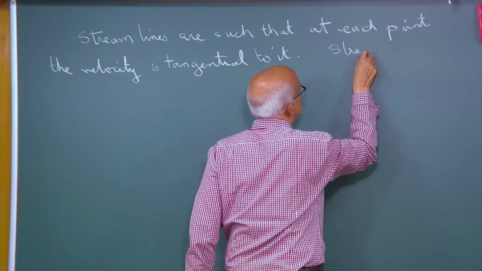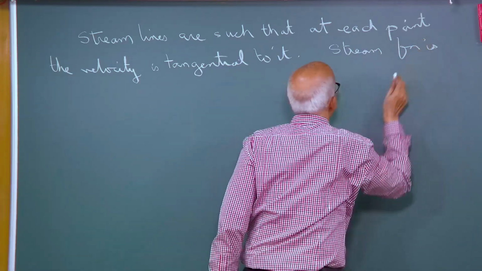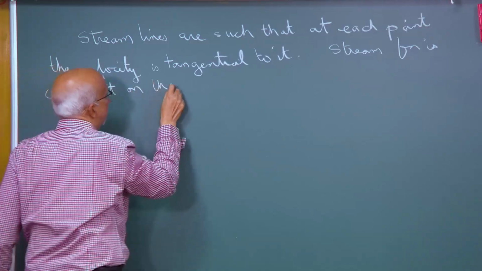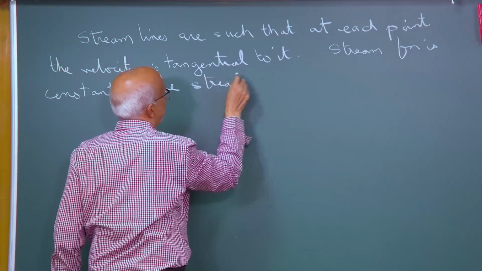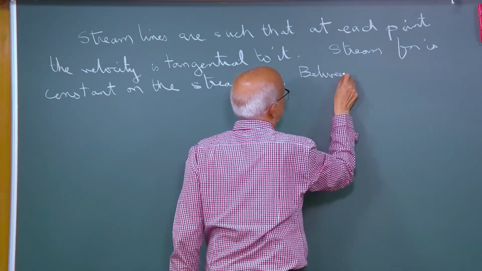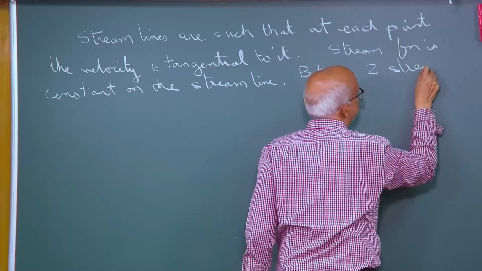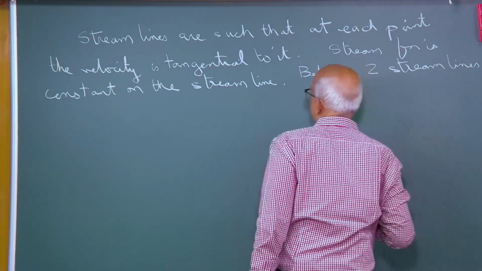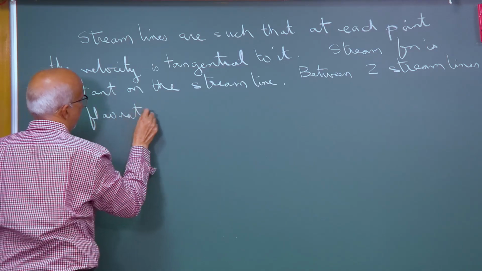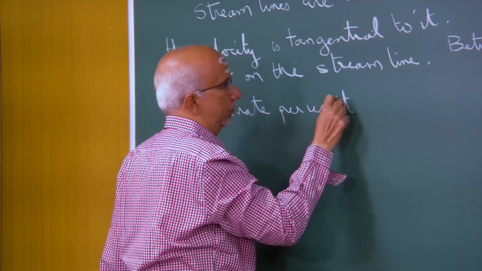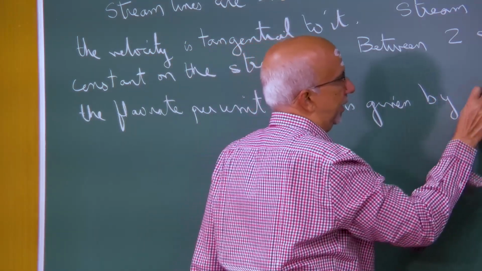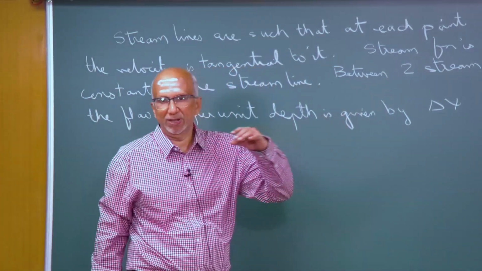The stream function is a constant on the streamline, and between two streamlines the flow rate per unit depth is given by the delta psi value, the difference in the stream function values.